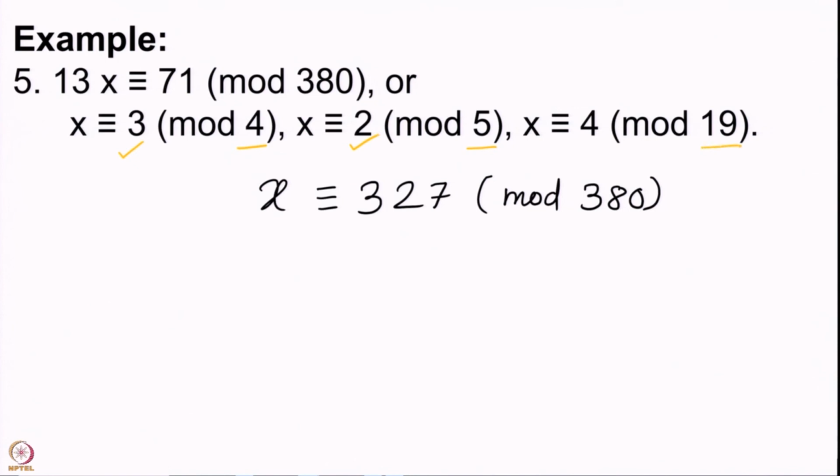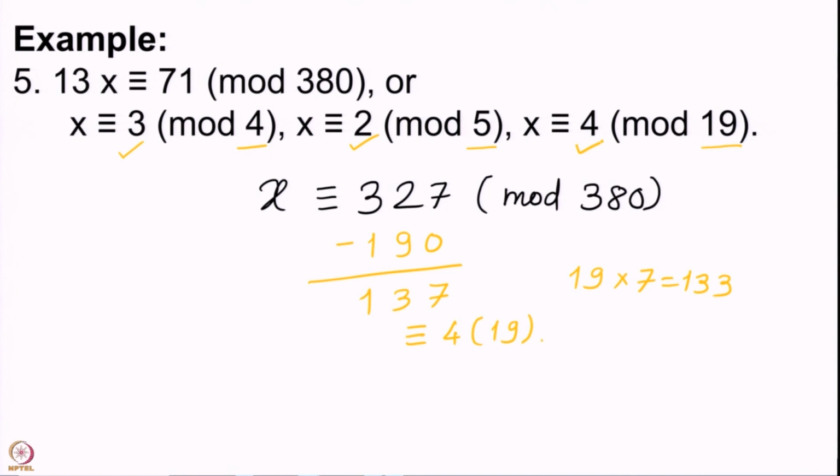Now, we want to go modulo 19. So, let us remove 190 first from here to get 137, and then we observe that 19 into 7 is 133. Therefore, this is congruent to 4 modulo 19. So, indeed this is also ok.